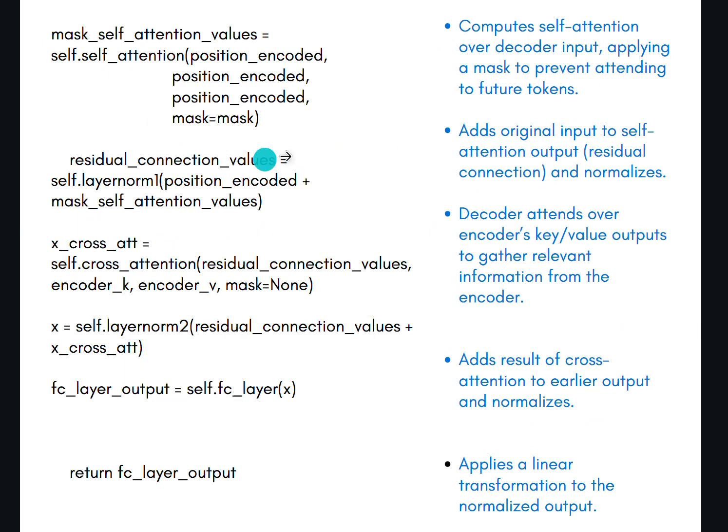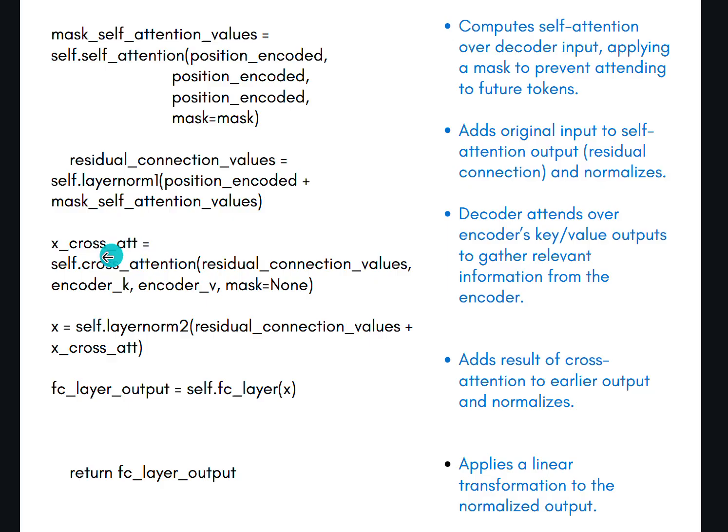Okay, so the masked self-attention values are now defined with positional encoding and the mask. This computes the self-attention over the decoder input, applying a mask to prevent attending to future tokens. So what was the decoder input? Start, awesome, right? The start token with awesome. And here we add the residual connection values, which is positional encoding plus this masked self-attention value.